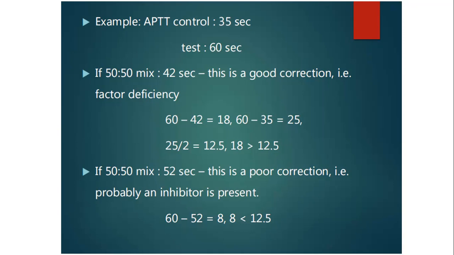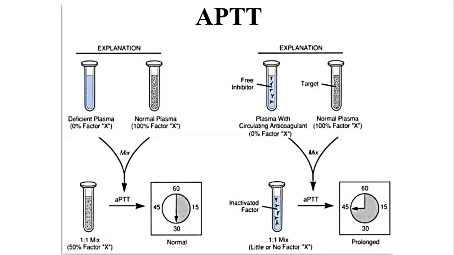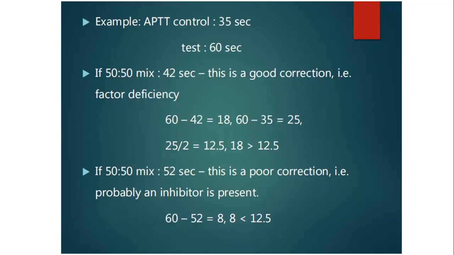So we try to determine the cause by doing this, right? Mixing. If we did a 50-50 mix and then tested it for APTT, and what we got was 42 seconds, this is already a good correction, right?